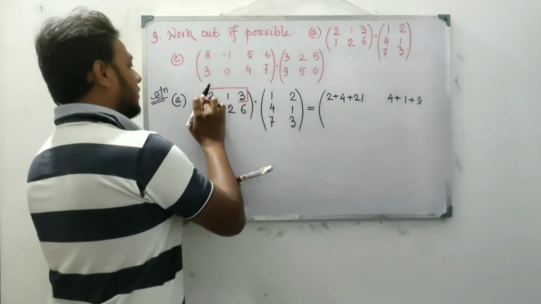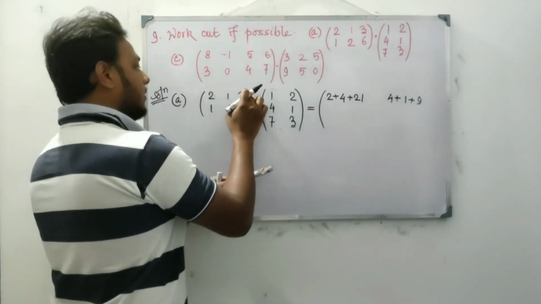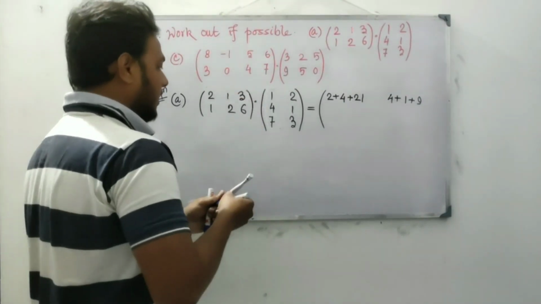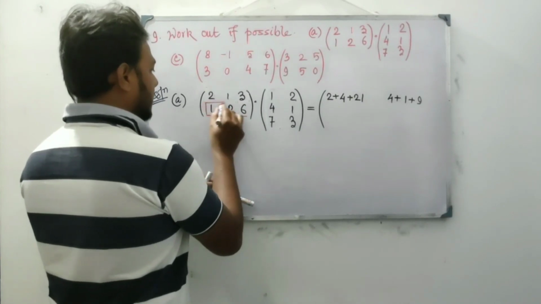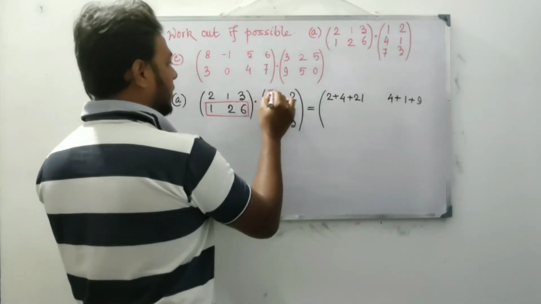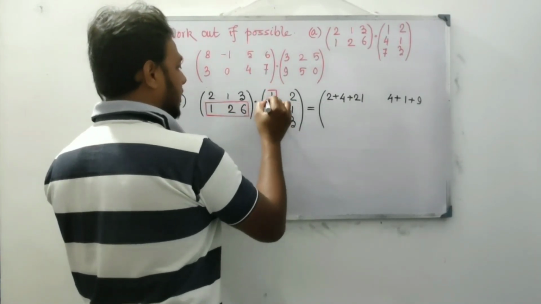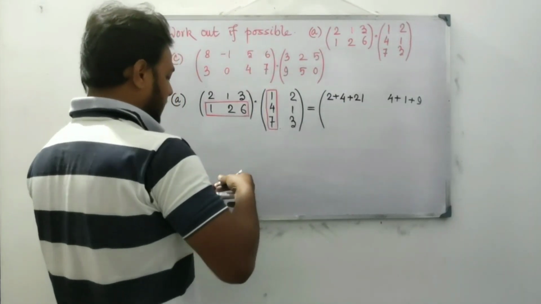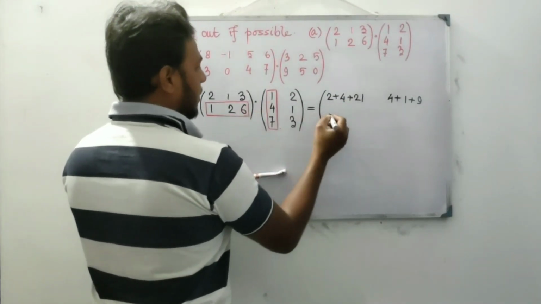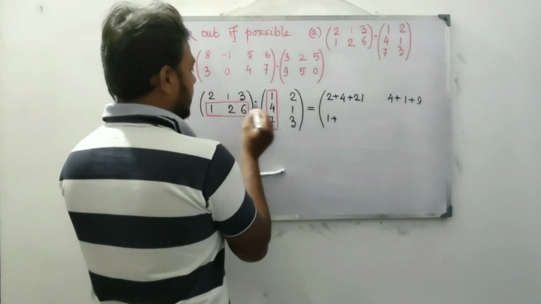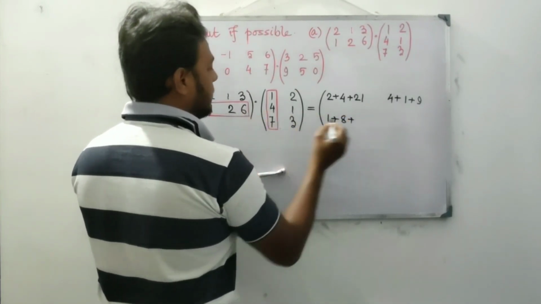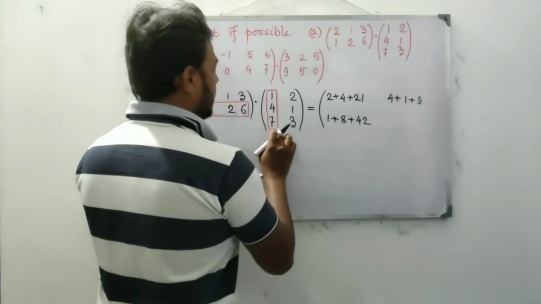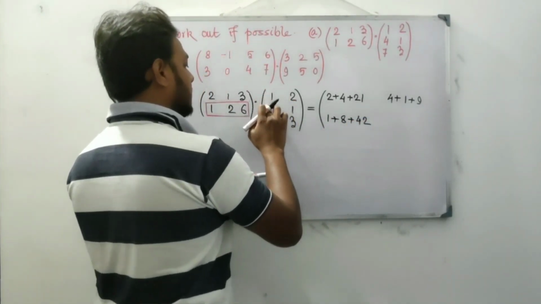Now consider the second row and do the same. Multiply with the first column, that means the inner product with the first column: 1 into 1, 1, plus 2 into 4, that means 8, plus 6 into 7, 42. So this is complete with the first column.